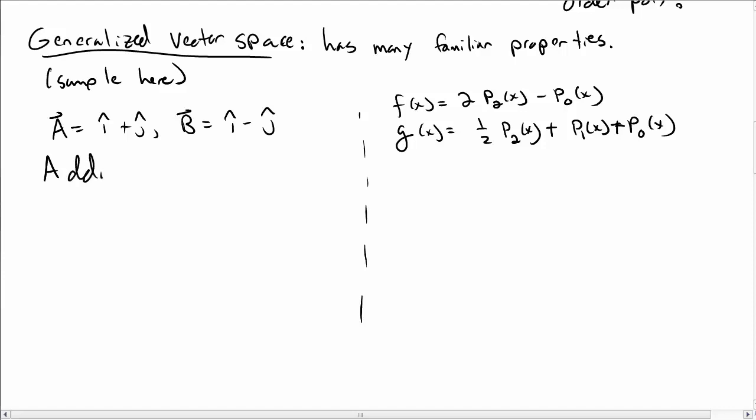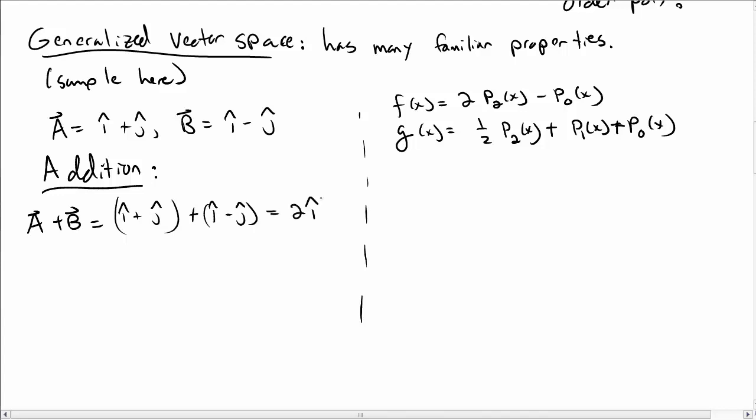One of the properties of a vector space is the property of addition. If I take those two vectors, I can add them together and I get another vector. So in this case, I add a and b and I get 2i hat. If I add f of x and g of x, I get, again, another vector, which means I get another second-order polynomial.